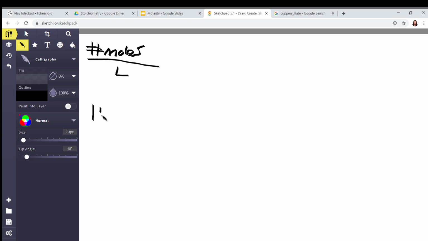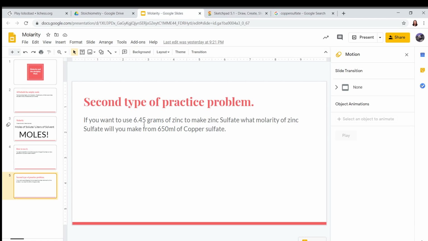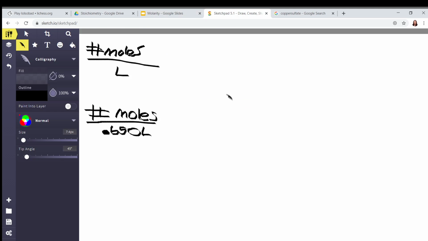So, we still need number of moles, but we also know that this is going to give us 0.650 liters. Okay. Now, we have to figure out the number of moles. Okay. We have 6.45 grams.